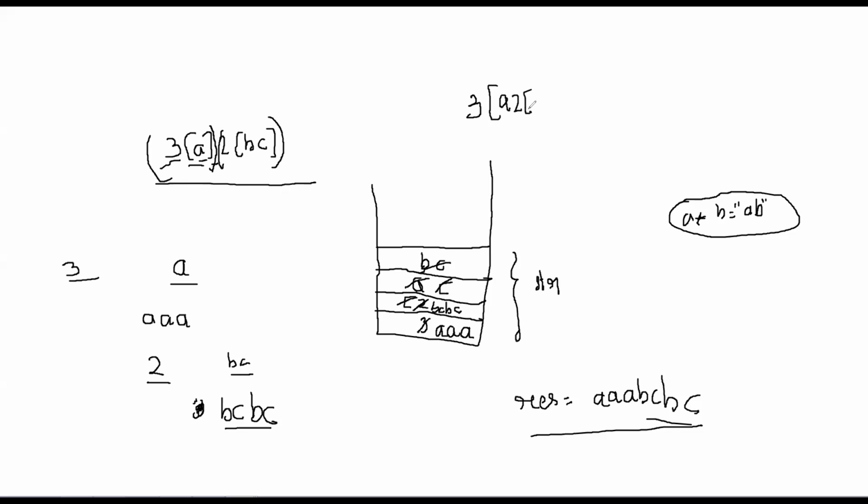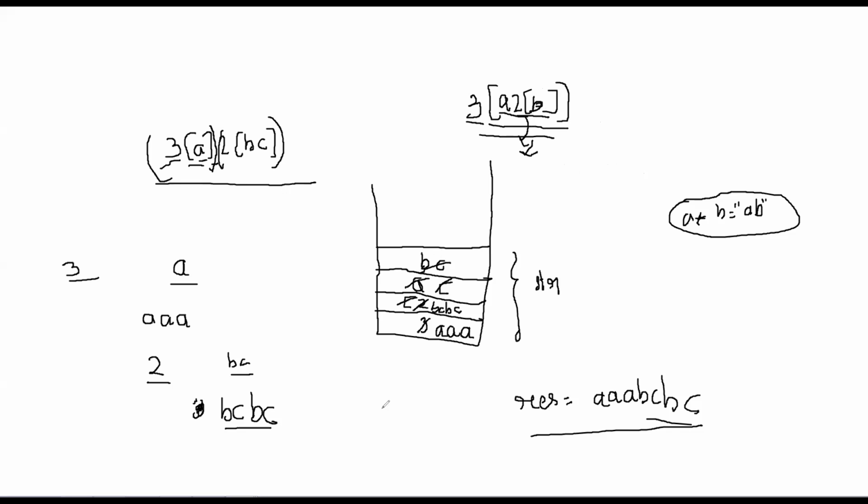Inside this bracket, there's another bracket. If an input like this is there, then you'll first evaluate this, and you'll store this part into a stack. Then you'll pop this thing out and this thing out, and then put the completed result into the stack. Got it.